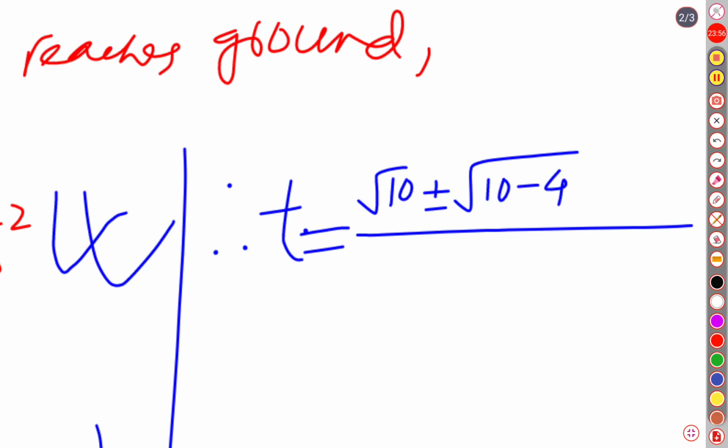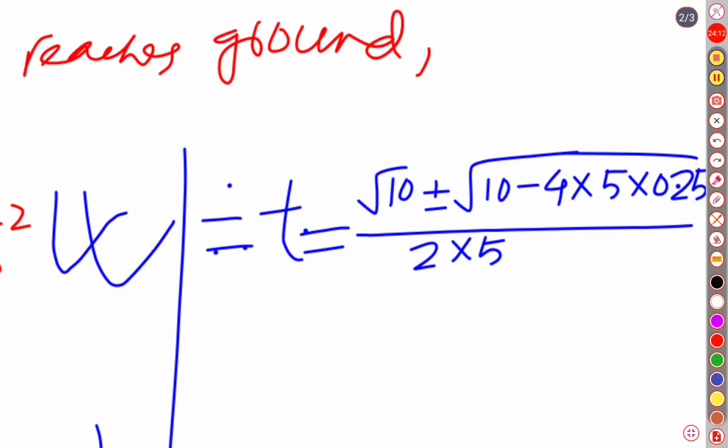minus 4ac. A was 5 and c was 0.25, under the square root, and 2a was our 10. Let it not be the final step.